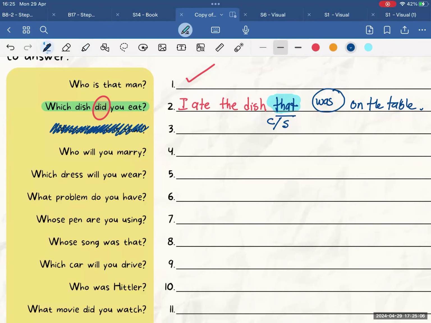Who will you marry? So you need to describe who you will marry. Make sense?